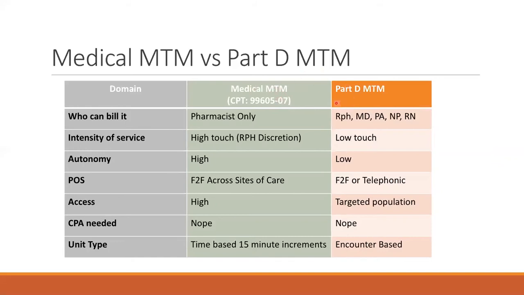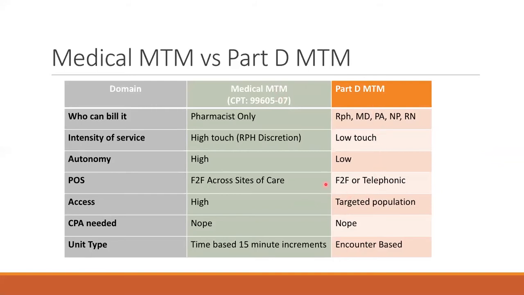Part D MTM can be billed by really almost any healthcare licensed professional, potentially some non-licensed individuals, depending upon the plan. Medical MTM can only be billed by a pharmacist.